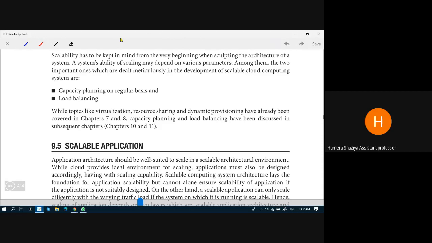If capacity is not planned, I can give you an example of bank here. Bank, every day when the bank gets open, they have certain limits and certain planning.